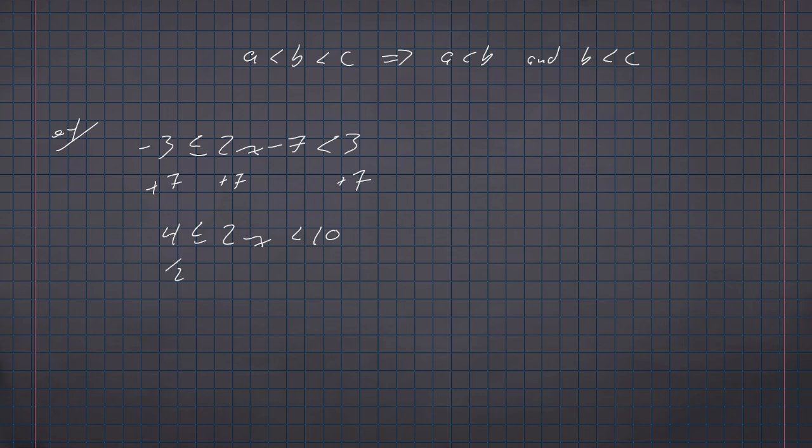And then finally, divide by 2 on all three sides to get 2 is less than or equal to x is strictly less than 5. Something that you should be very familiar with already, but we've now established a theoretical foundation for why you are able to do this, and we have a better definition of inequality, which is going to help us out later on.